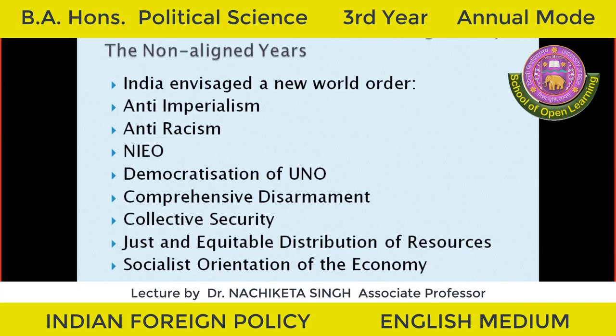The existing one was based on the Bretton Woods system created by the Western countries led by America, in which the IMF, World Bank, and the GATT were created as institutional mechanisms. But that economic system or order, according to India, was grossly inadequate and discriminatory in nature and sometimes exploitative in character.